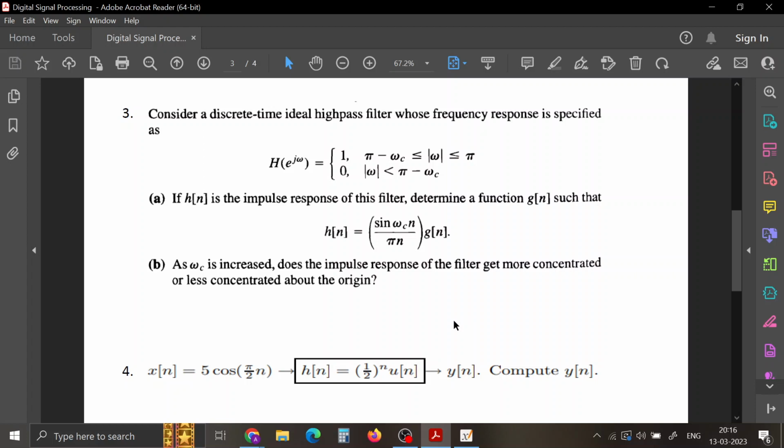Here also the input is of that form, 5 times cos. We could take the DFT of x of n and h of n, and for cos omega I can write e power j omega plus e power minus j omega by 2. Yes, that's how the outputs are obtained.